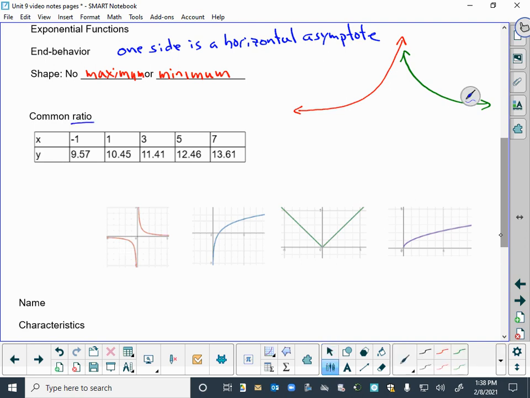Ratio means a fraction, right? And so the same kind of idea here, we're going to do 10.45 divided by 9.57.